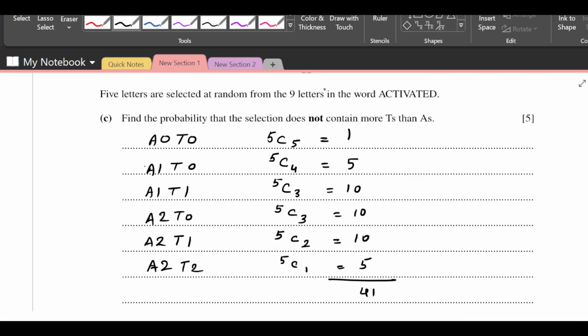I think we are missing something over here. Find the probability that the selection does not contain more T's than A's. Five letters are selected at random.